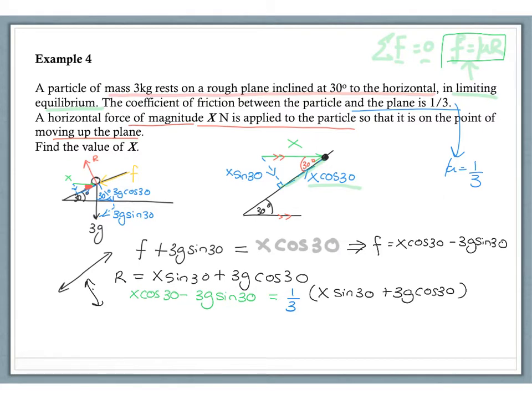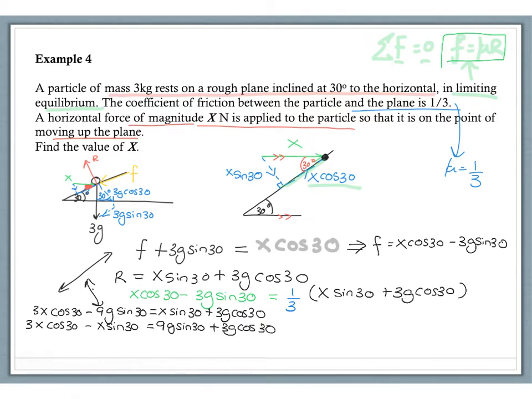And what we're now going to do is rearrange this completely algebraically so that we isolate x and then can work it out. So I'm going to multiply both sides by 3. So I have 3x cos 30 take away 9g sine 30 is equal to x sine 30 plus 3g cos 30. Collect the x terms on one side: 3x cos 30 minus x sine 30 is equal to 9g sine 30 plus 3g cos 30.